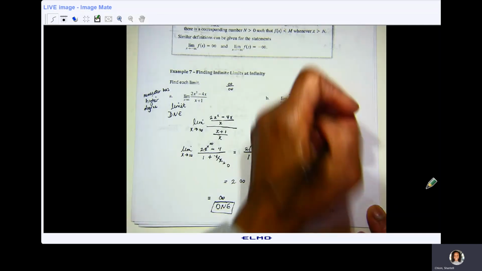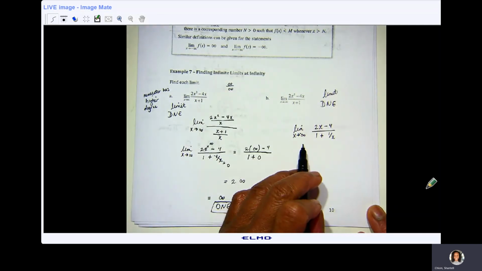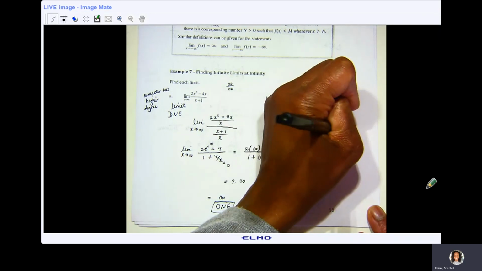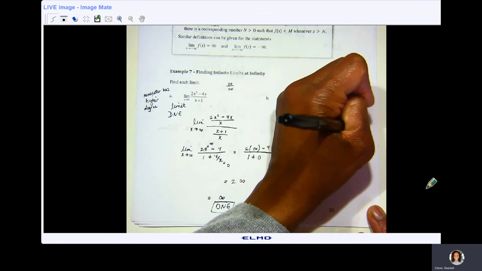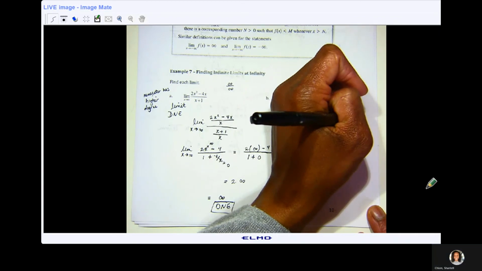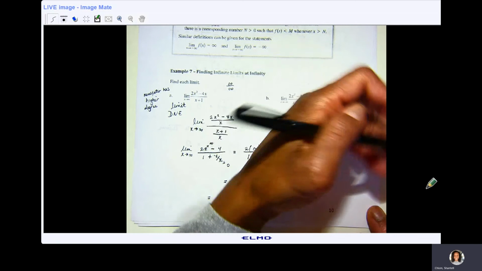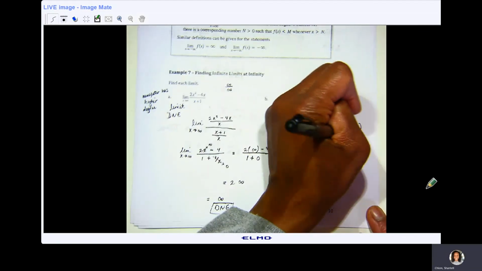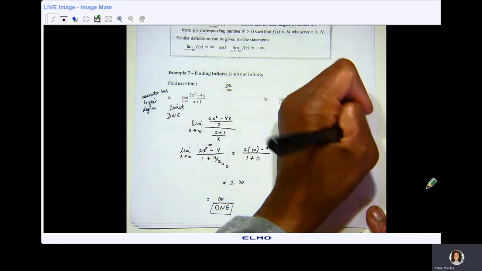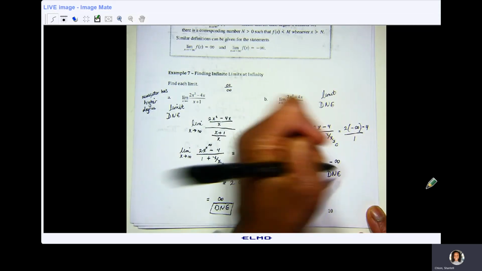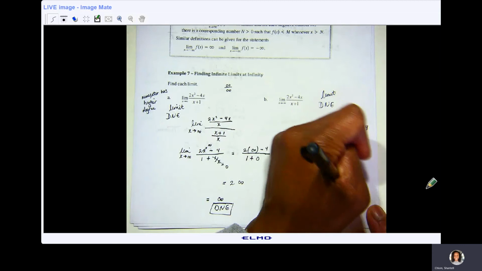And then you're approaching negative infinity. This would approach 0 automatically. Here you would have 2 times negative infinity over 1, minus 4. You still have negative infinity, which does not exist.